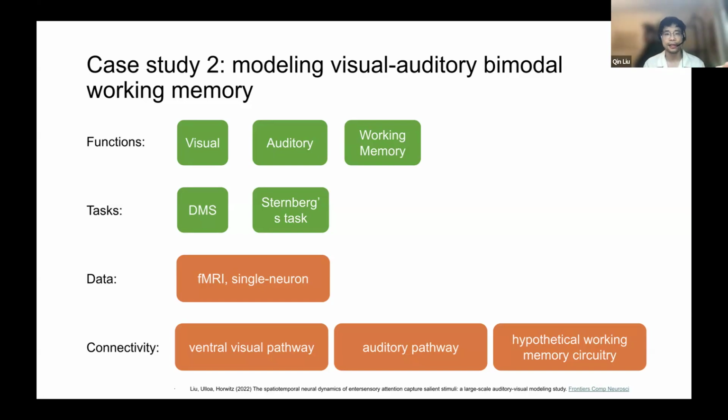And the tasks are the same, delayed match to sample task and Sternberg's task. And the data I collected from the field are still the same, human fMRI and monkey single neuron recordings. And this time, the circuitry I want to investigate is the ventral visual pathway and auditory pathway, and also the hypothetical working memory circuitry, and also how the visual working memory circuitry interacts with the auditory working memory circuitry.